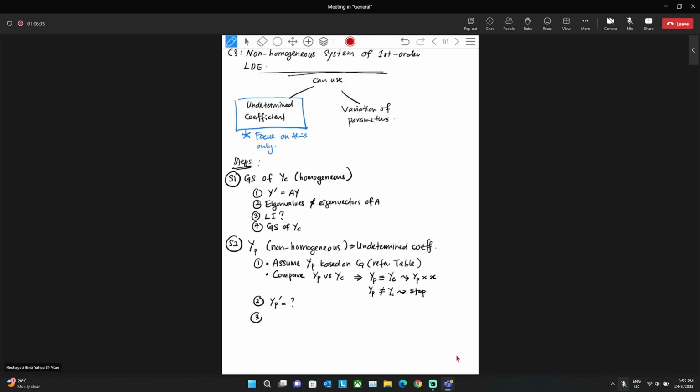Third step, you need to substitute YP and YP prime into the non-homogeneous equation, Y prime equal to AY plus G. So here this becomes YP prime equal to AYP plus G. And then you need to go for equating coefficient.